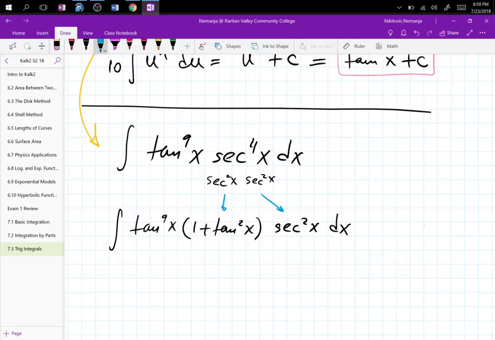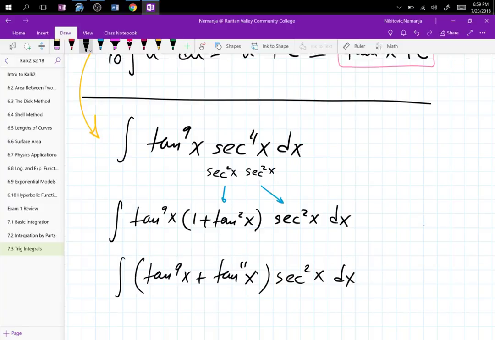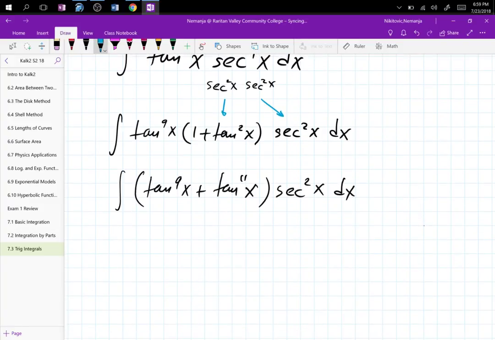So now I have integral of tangent to the 9x plus tangent to the 11x times secant squared x dx. And then we unleash the u sub. U is tangent x, du is secant squared x dx.